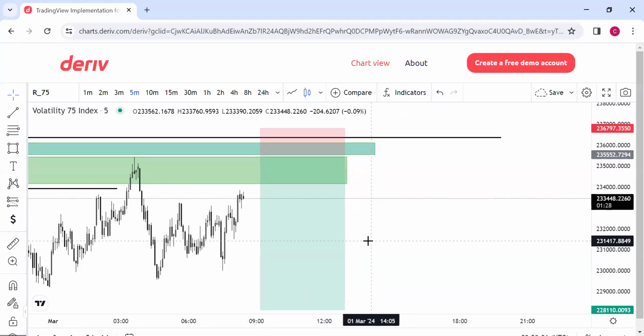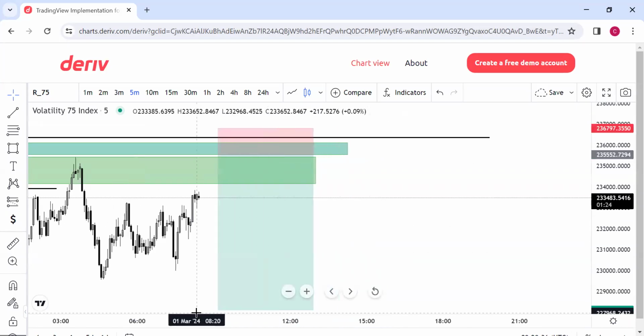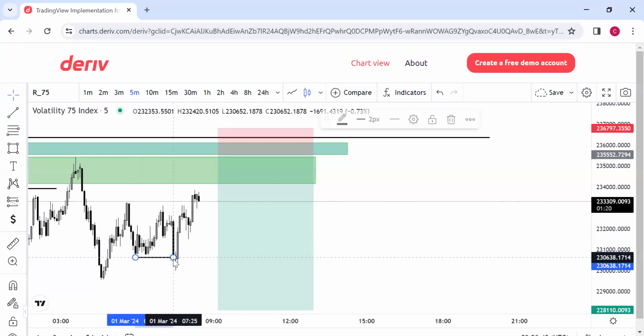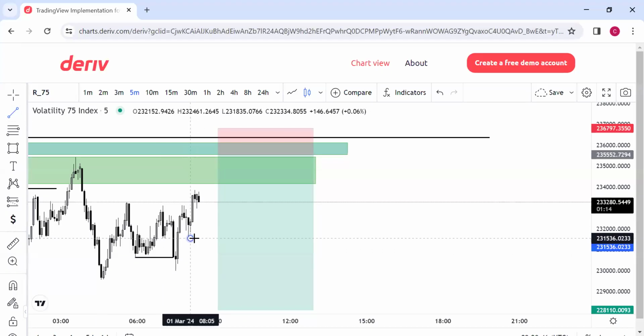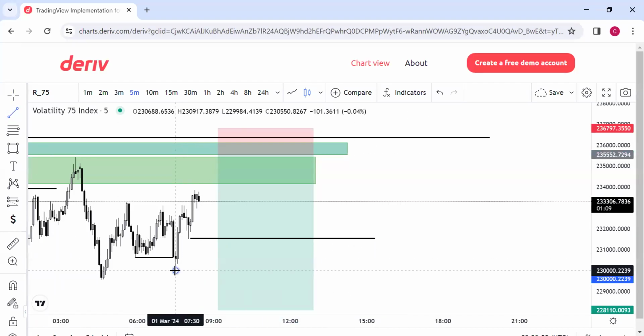Do you get? But this might be invalidated. Why? Because look at this buy setup. This is giving buy, buy, buy. This is a buy setup here. Anything that makes price buy from here or more.